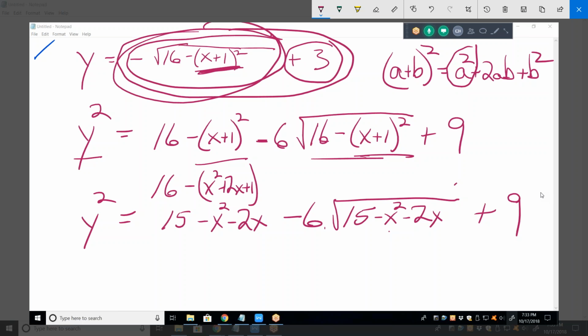I mean, isn't there a way? If the y squared is all by itself and it doesn't have a y term, then that means that the origin of the circle is on the y-axis. Okay. If it's got an x squared and an x term, then the origin of that circle is not on the y-axis.